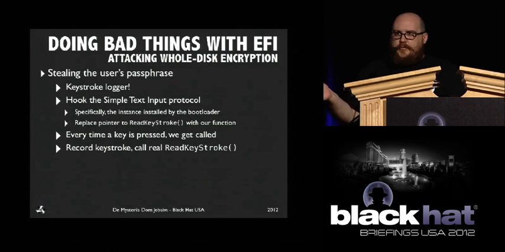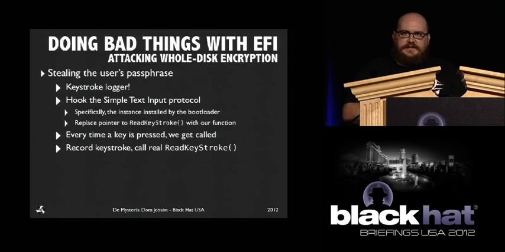There's the Simple Text Output Protocol for console output. The Simple Text Input Protocol has a protocol block-like structure that contains pointers to all the functions and data for the protocol, including the read keystroke function, which reads a keystroke. So when you press a key, that gets called. So basically, we just want to hook that function and keep a buffer of all the keys. Pretty traditional keylogger kind of thing.